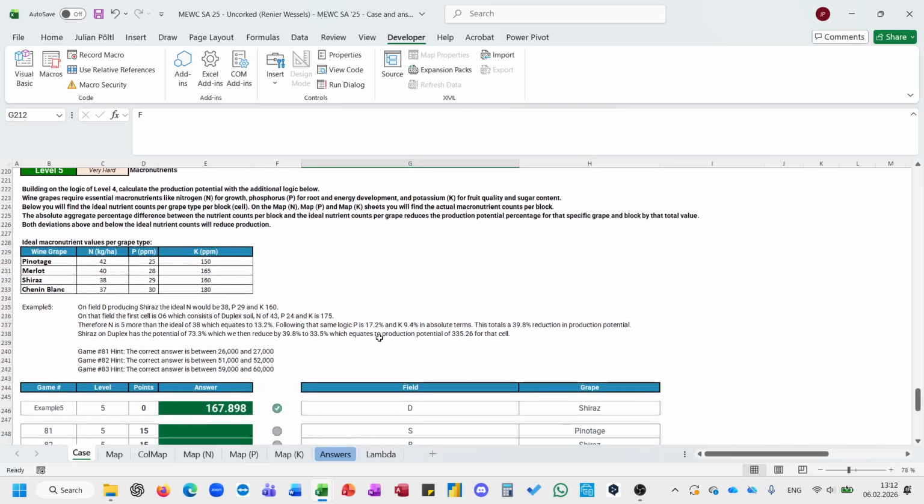Okay, now it is complicated because we should add some additional logic.